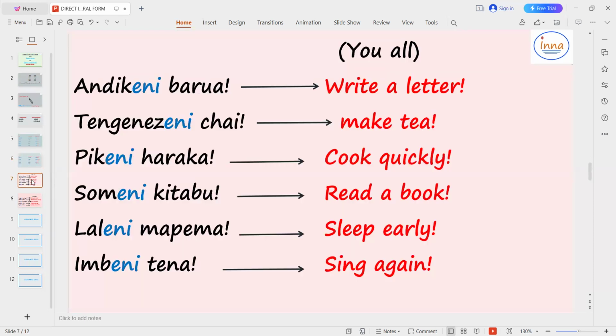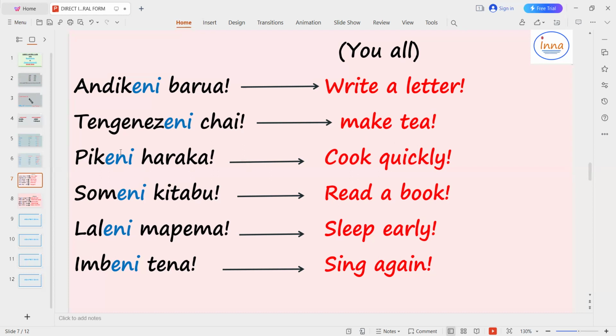For example, here you can see andikeni barua. Andikeni barua means write a letter. Mind you, it is a command to ninyi, the second person plural form. You all, okay? Next, tengenezeni chai. Tengenezeni chai means make tea.